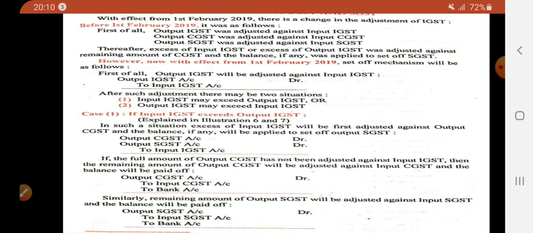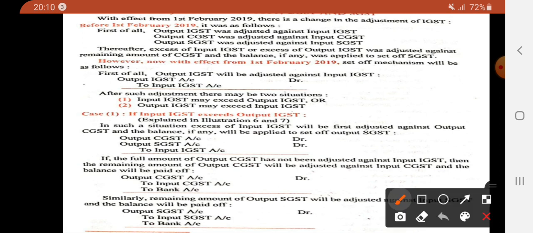Now this particular journal entry is separated when the numerical is done, for you to understand it in an easier way. If the full amount of output CGST has not been adjusted against input IGST, then the remaining amount of output CGST will be adjusted against input CGST and the balance will be paid off.